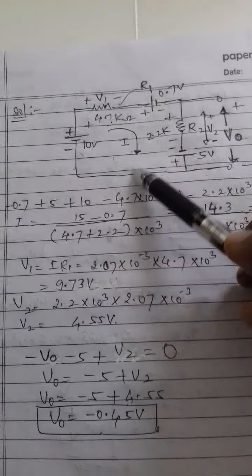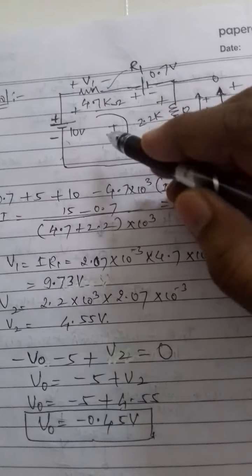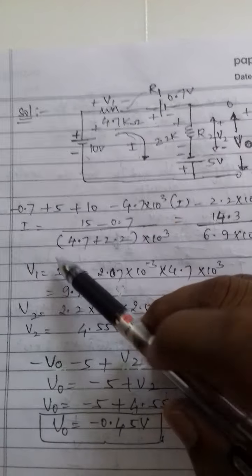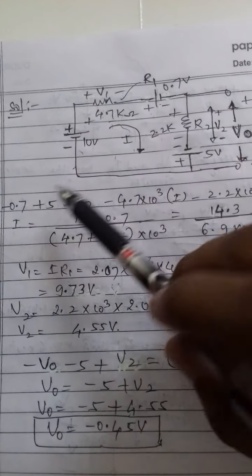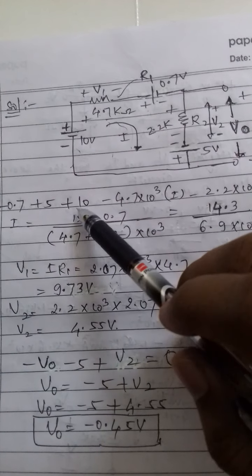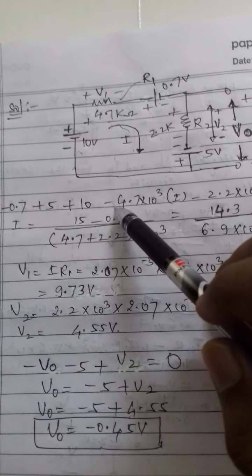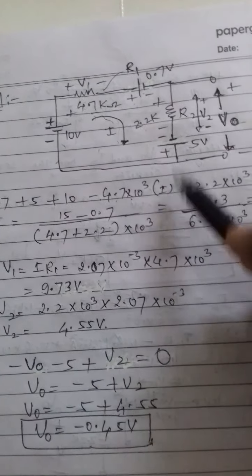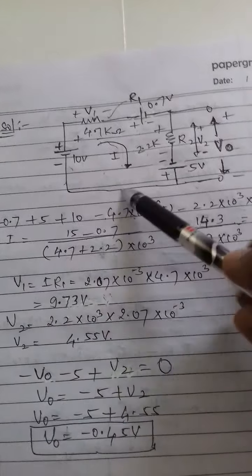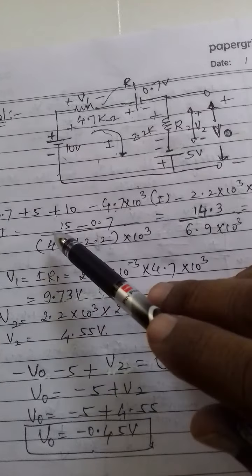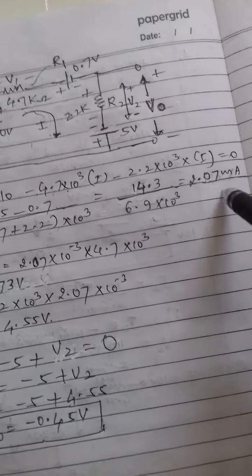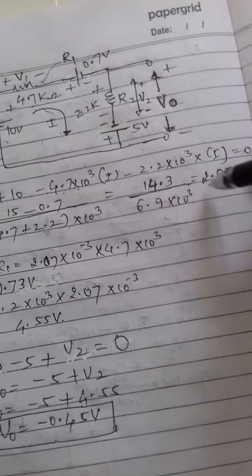Now applying KVL at the input: minus 0.7 plus 5 plus 10 minus 4.7 into 10 raised to 3 I minus 2.2 into 10 raised to 3 I. So the current I flowing within this loop is 15 minus 0.7 upon 14.3, which is equal to 2.07 milliamperes.